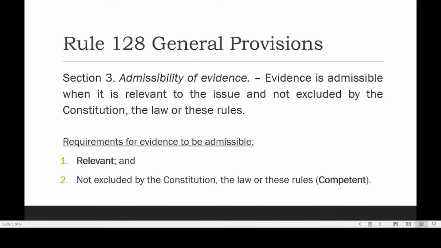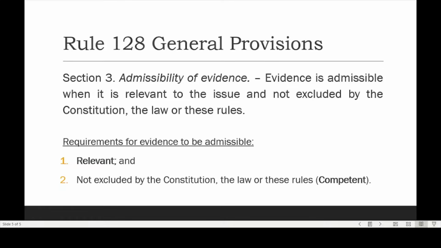Okay, so there are two requirements in order for an evidence to be admissible in court. It must be relevant and it must not be excluded by the Constitution, the law, or these rules. Or in short, it must be competent.